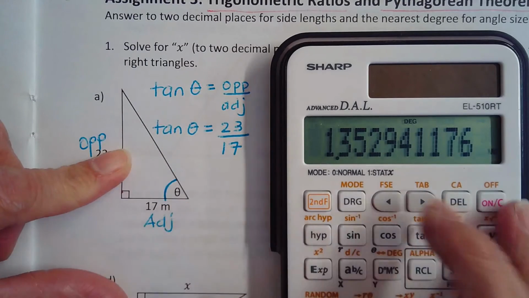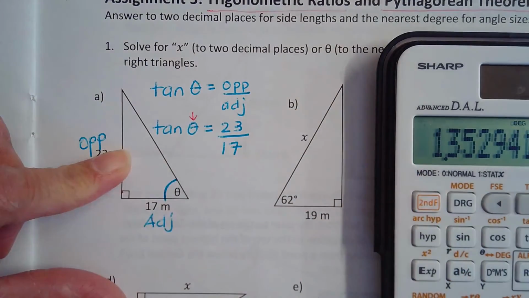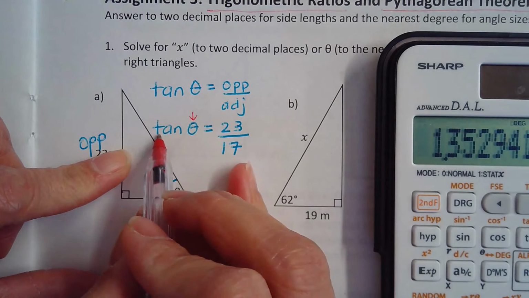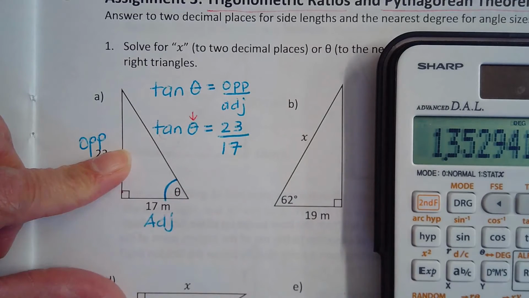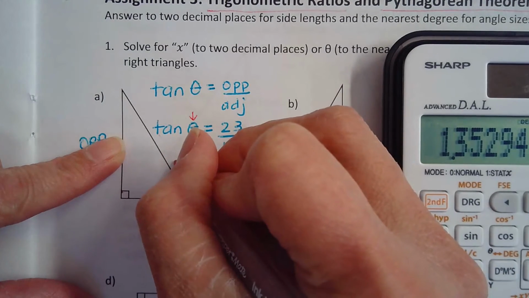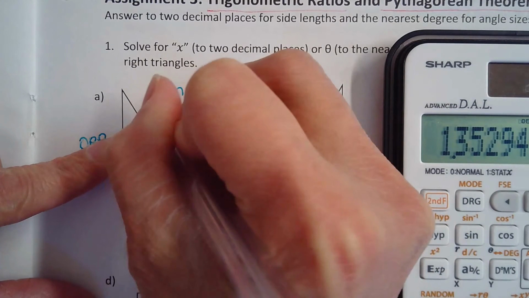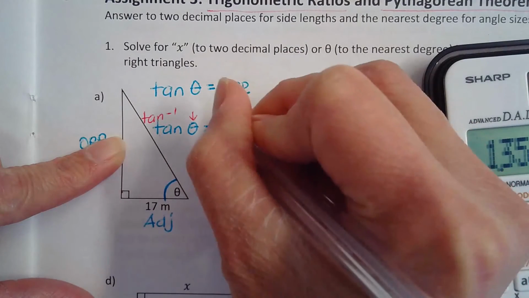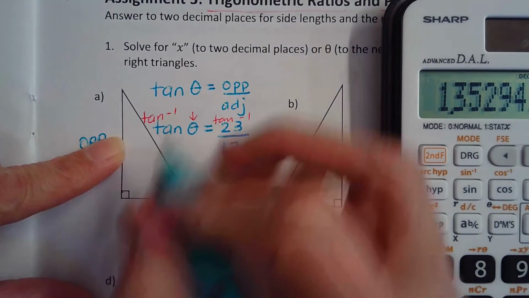What we're trying to see here is that we want to have the theta alone. So that means we have to get rid of tan. To get rid of the tan, we do the inverse of that. So we're going to do the tan inverse. So we have our theta.